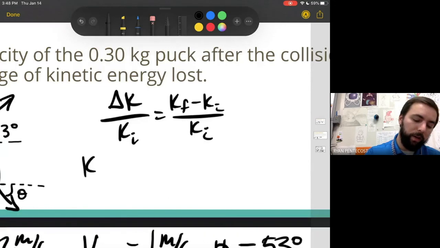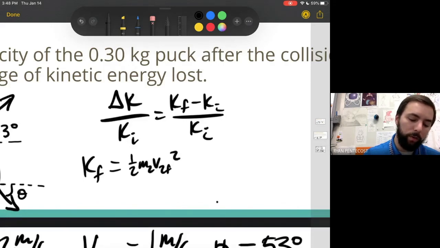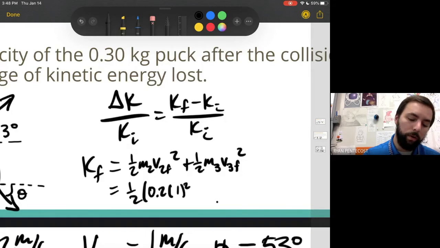Finding Kf is going to be the harder part because there's kinetic energy for both parties. You've got 1/2 M2 V2 final squared plus 1/2 M3 V3 final squared. So you've got 1/2, there's 0.2 times 1 squared plus 0.3 times 1.07 squared.